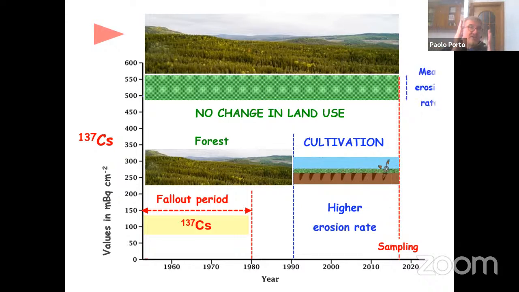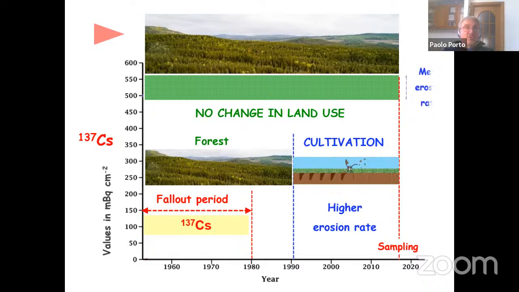But we don't know exactly how much it comes from the forest land use or from the cultivation, okay? Logically, soil erosion would be much higher for the cultivation, but cesium doesn't know that if it is applied using the traditional approach, because it gives you only one value.